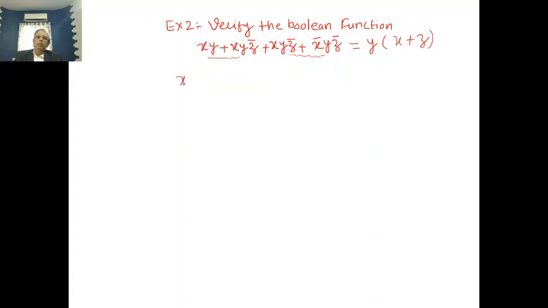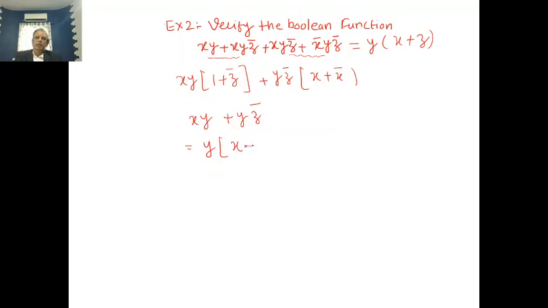Take xy common from the first two terms, this becomes 1 plus z bar, and from the second term y z bar, that becomes y z x plus x bar. Means we will rewrite this x y, this is 1, this is 1, x y plus y z bar. Take y common, then at last we are getting the result x plus z bar.